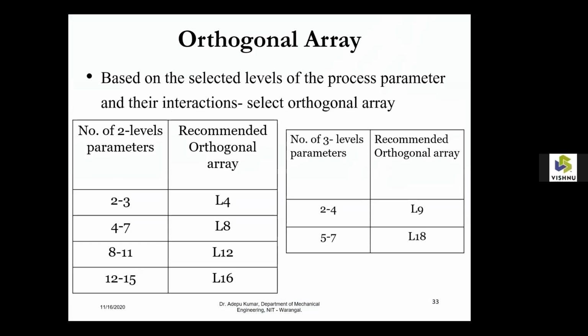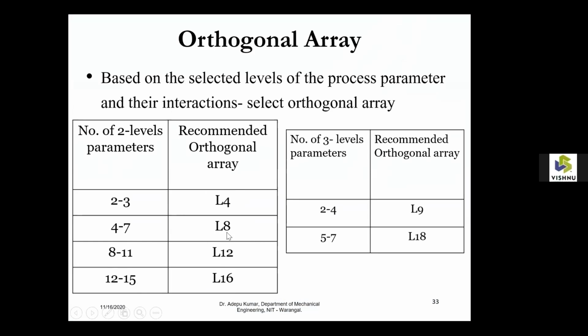Based on the selected levels of the process parameters and their interactions, you can select the orthogonal array. Suppose for 2 levels: 2 to 3 parameters, L4; 4 to 7, L8; 8 to 11, L12; 12 to 15, L16. These layouts are designed by Taguchi.